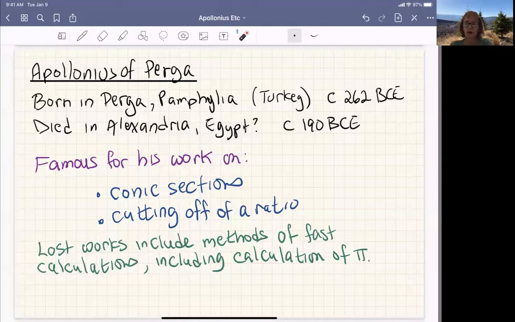So, what are quick ways to do certain arithmetic operations? But also including calculation of pi. So a lot of times we know that these mathematicians did these works because other ancient mathematicians refer to them, but the actual works have been lost.